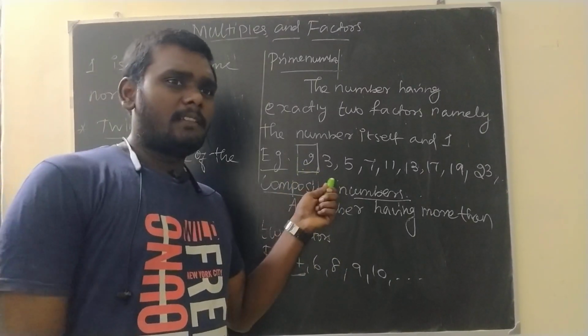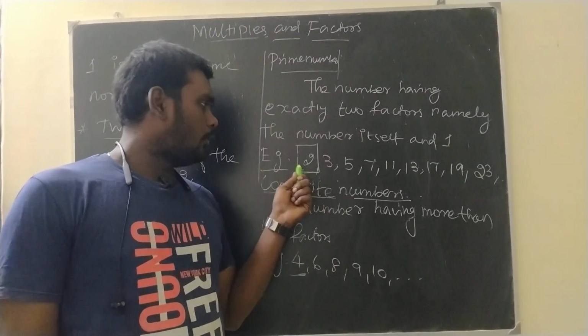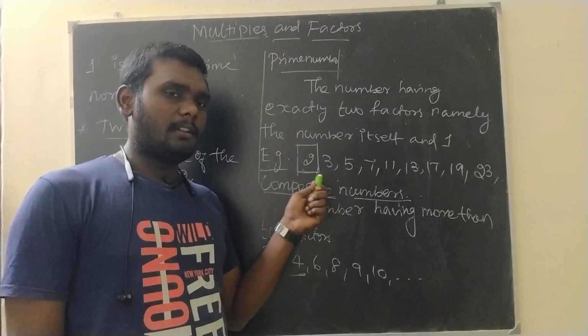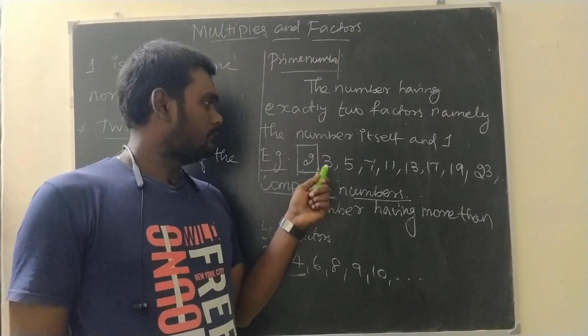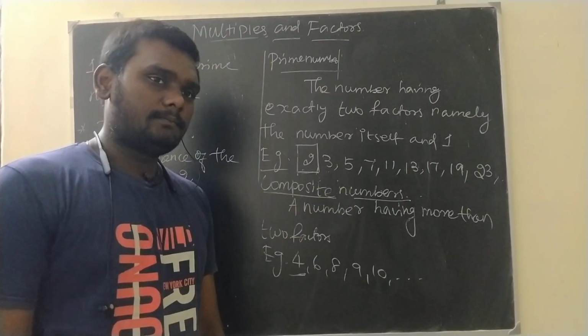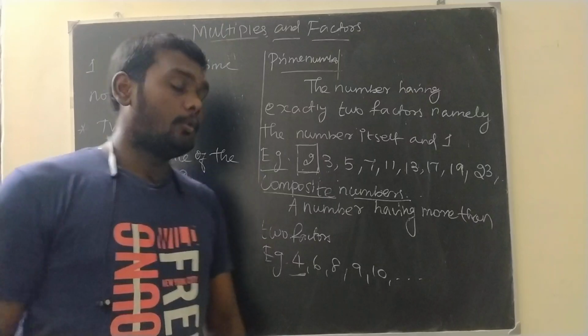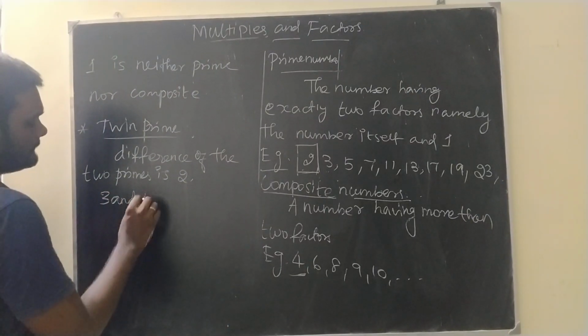2 and 3 are prime. What is the difference between them? Difference means subtraction. When you subtract one from the other, what is the result? 3 and 5 are prime. What is their difference? 2. So, shall we say 3 and 5 are twin primes?